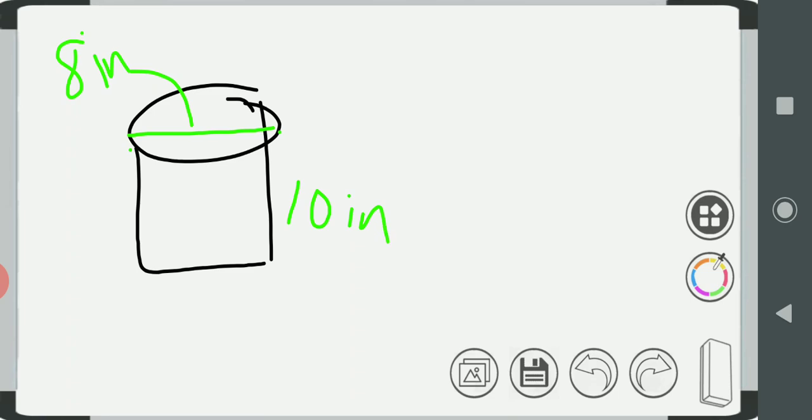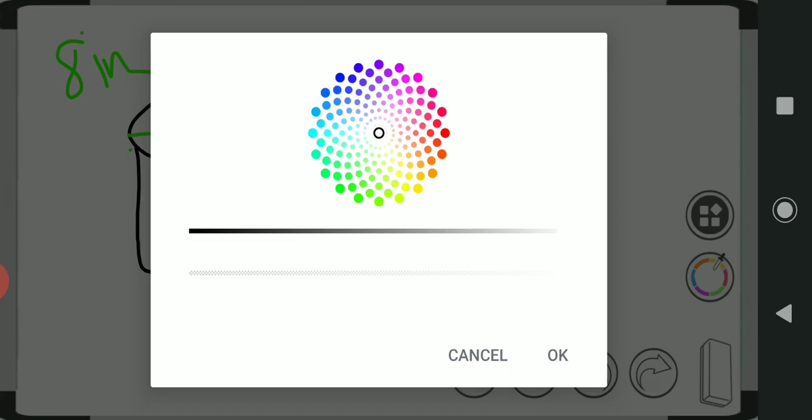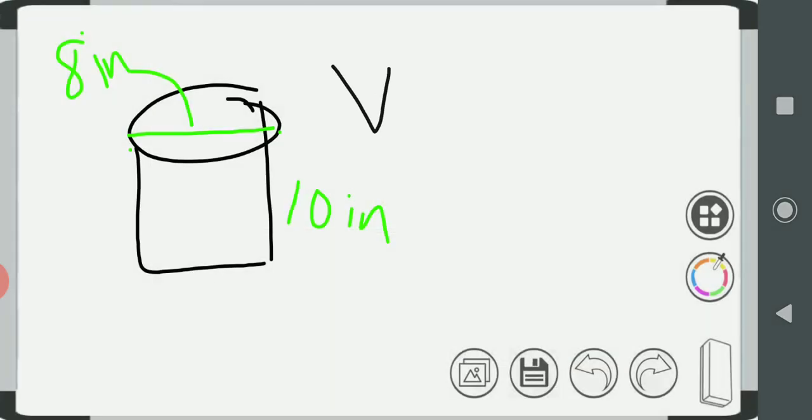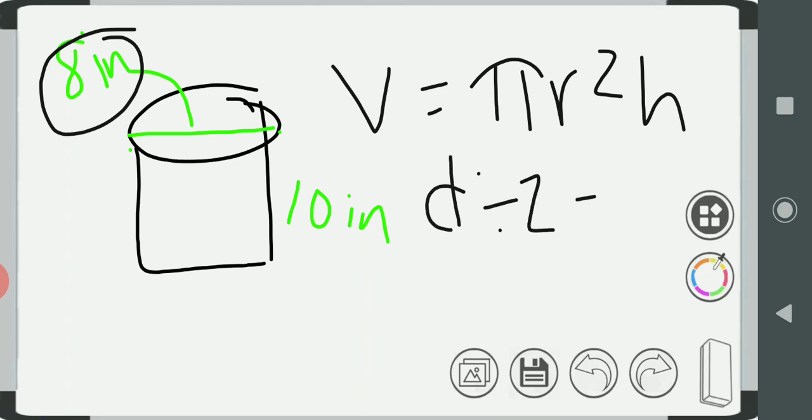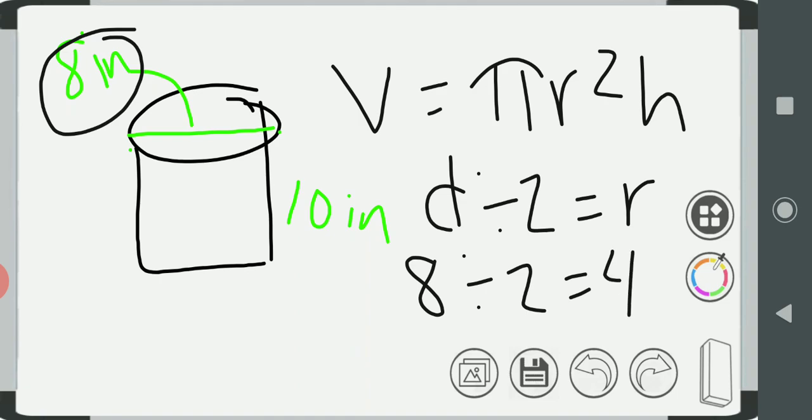Find the volume of this cylinder. Volume is pi r squared times height, so we have to change diameter into radius. Diameter divided by 2 gives me the radius. 8 divided by 2 gives me 4, so the radius is 4.